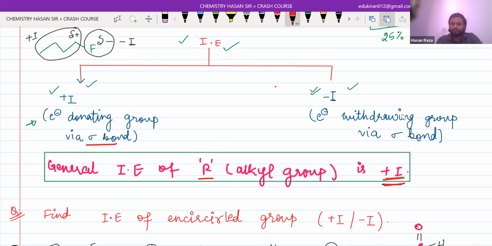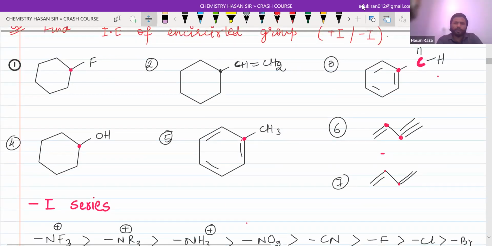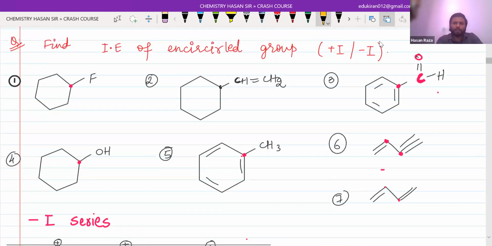Can I change the slide? Yes. Okay, so here is your question. Wait a minute, let me find the encircled group. I'm going to encircle it.